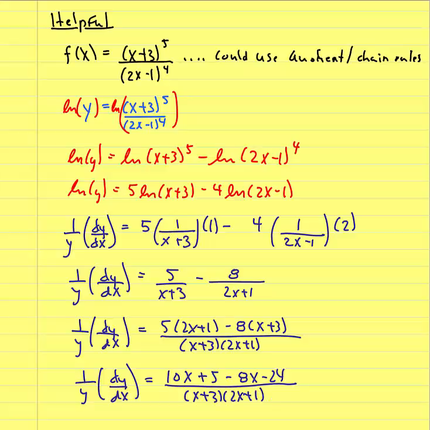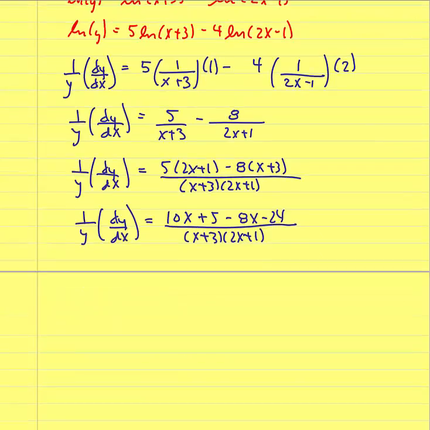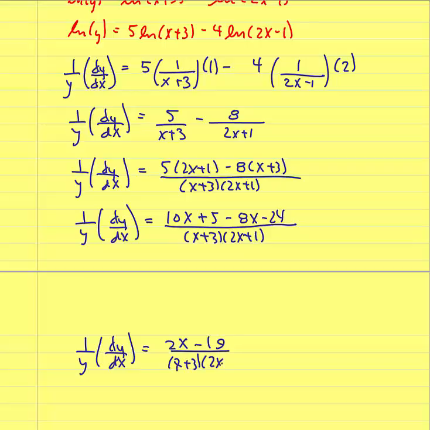So simplifying, again, don't drop the left-hand side here. It's really important not to. 10x minus 8x is 2x. Minus 5 minus 24 would be a negative 29, all over the quotient, (x plus 3) times (2x minus 1). Now, this is what we have to do to finish. I don't want to know what 1 over y dy dx is. I just want to know what dy dx is.